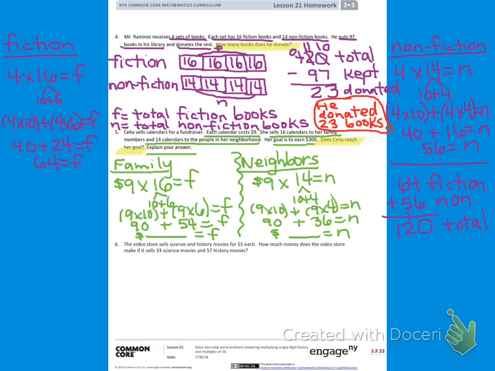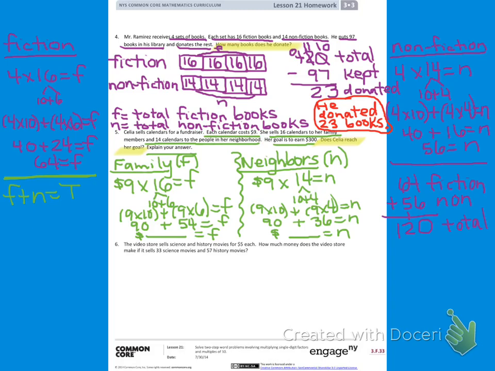Now, in order to figure out how much she made altogether from selling to family and neighbors, we better add the two together and make that F plus N equals T. I'll put an F right here for family and an N right here for neighbors as a reminder.